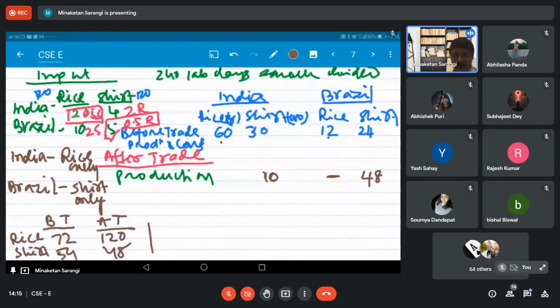To produce 10 units of SAT, how many labor days will India take? How many labor days will India take? Please, anybody? Anybody, please?